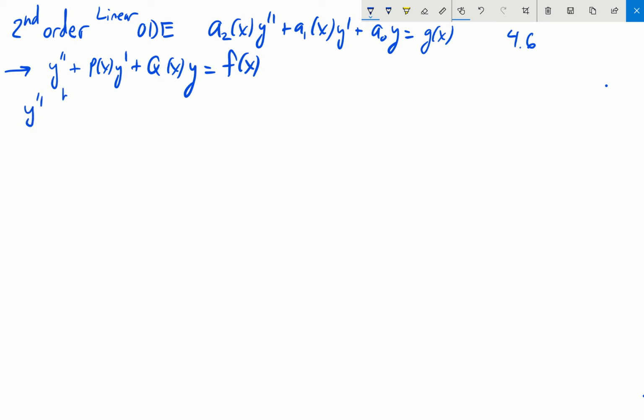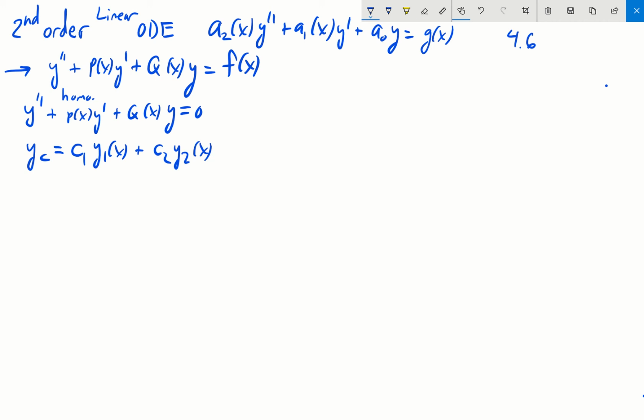So if we look at the homogeneous differential equation, y double prime plus p of x y prime plus q of x y equals 0, we can come up with the complementary solution fairly efficiently and pretty easily, and it's going to be of the following form. It's going to be c1 times some function y1 of x plus c2 times some function y2 of x.